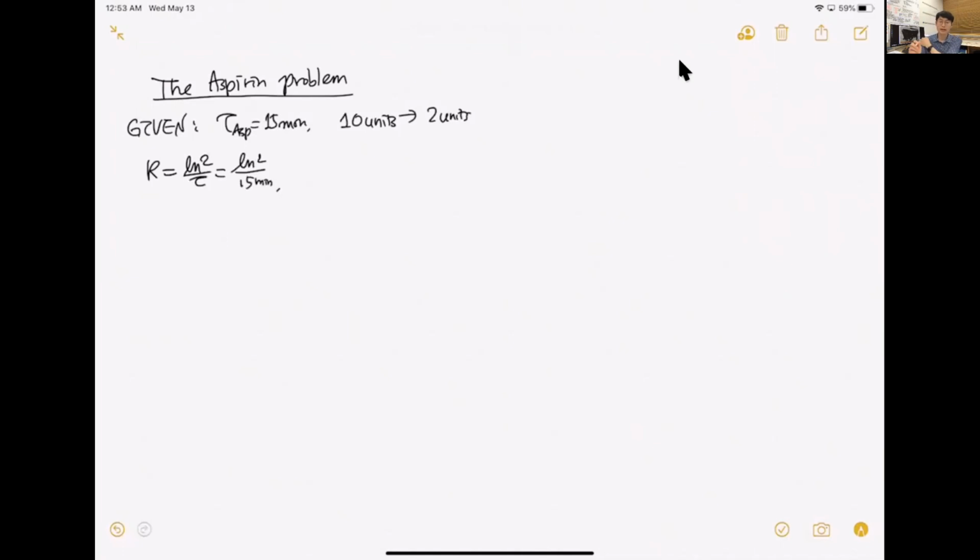Then the concentration C of T equals C0 times e to the minus KT. So C prime over C0, from 10 units to 2 units, will be e to the minus KT prime.